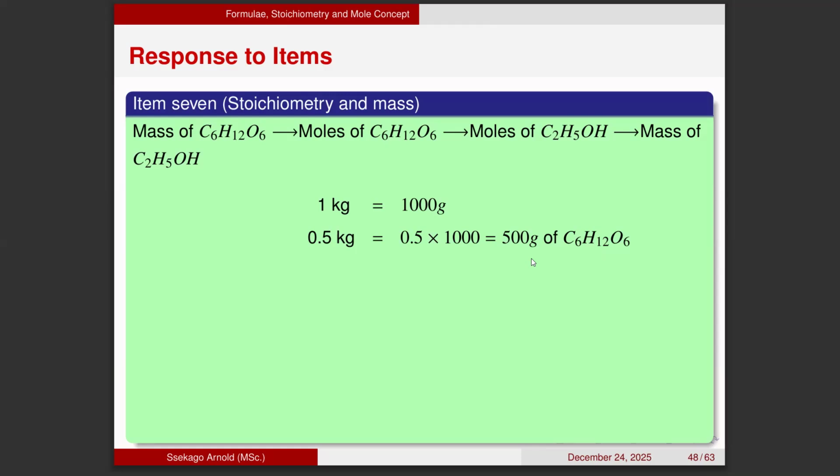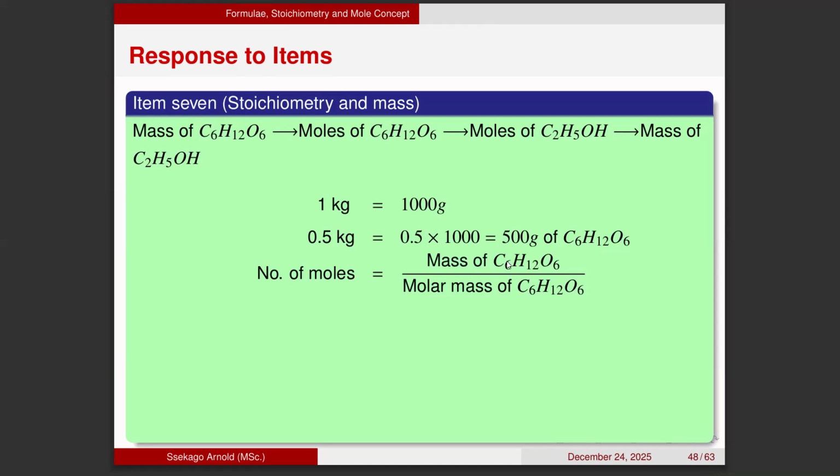We convert 500 grams to moles. Number of moles is equal to mass of glucose over molar mass of glucose. So mass is 500. To calculate molar mass, we use the information provided on carbon, hydrogen, and oxygen. This information is always attached to that item in particular or to the front page of the question paper.